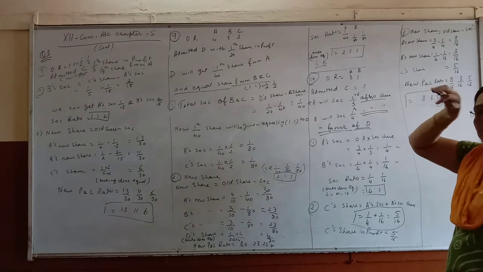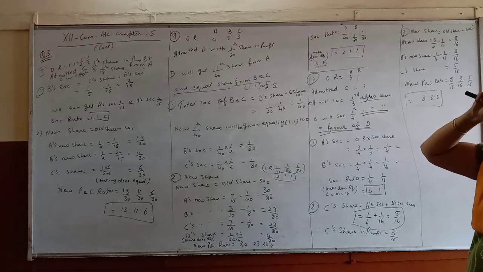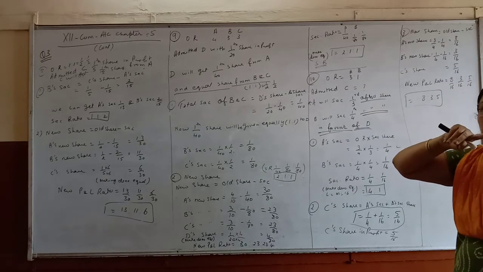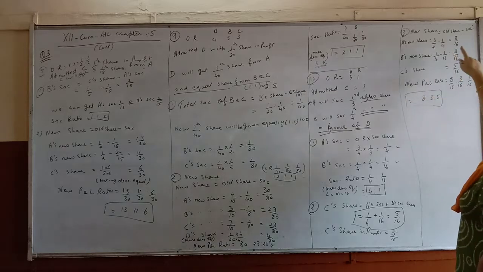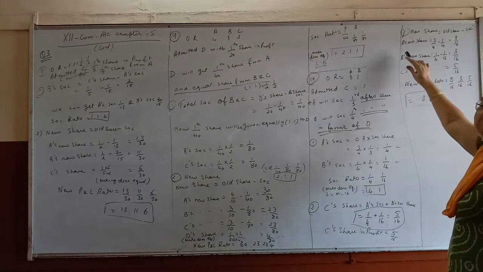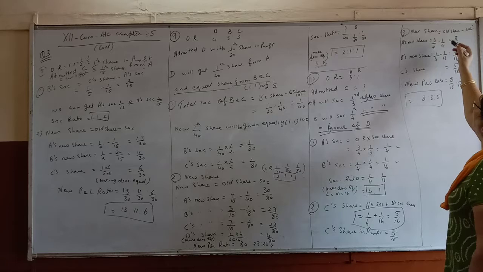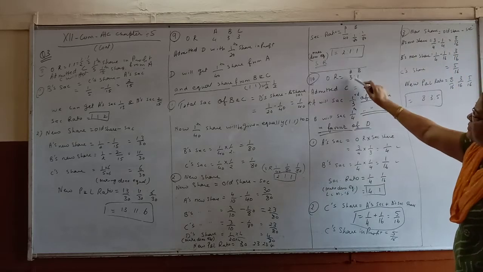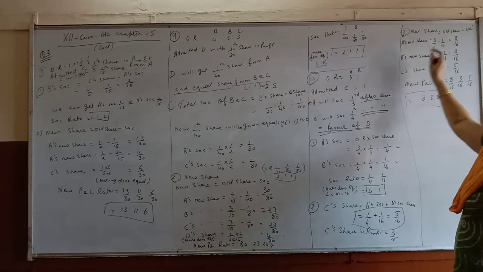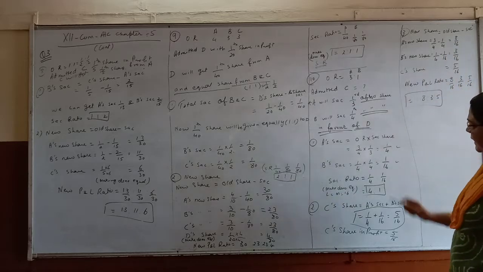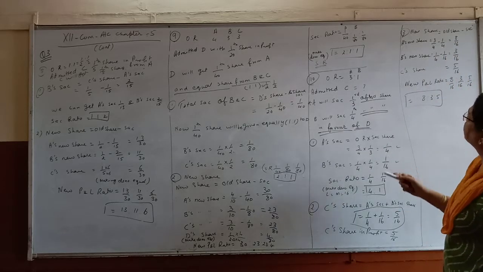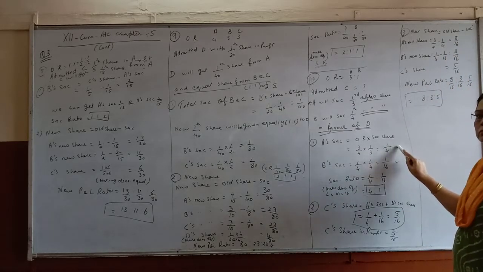Now the new share. The third point is the new share. New share is equal to old share minus sacrifice. So A's new share is old share, which was 3 upon 4, minus A's sacrifice, which is 1 upon 4.